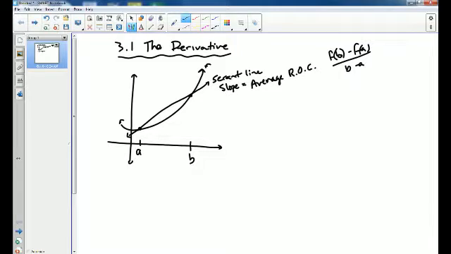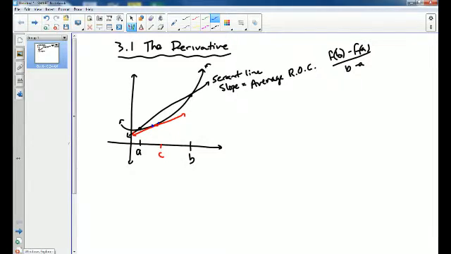How did we calculate instantaneous rate of change? So if I had some point and I wanted to calculate instantaneous rate of change, how do we do that? Do I remember? No? We picked 2 points, really close, right?